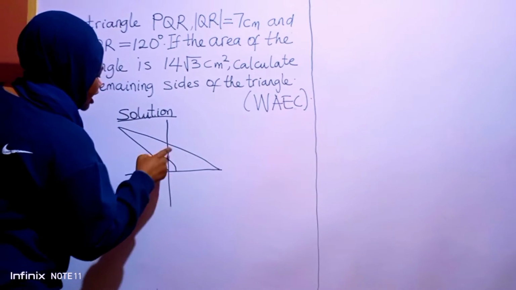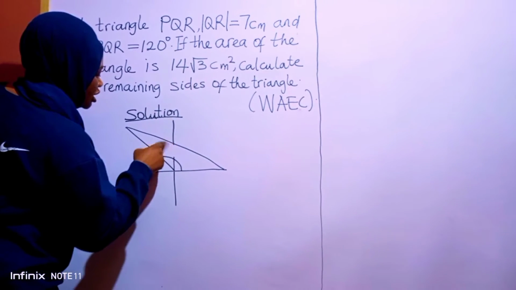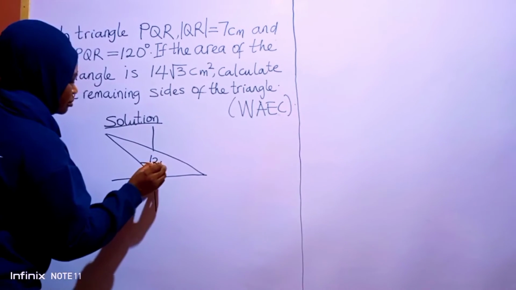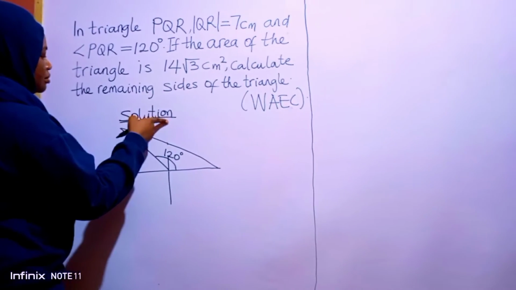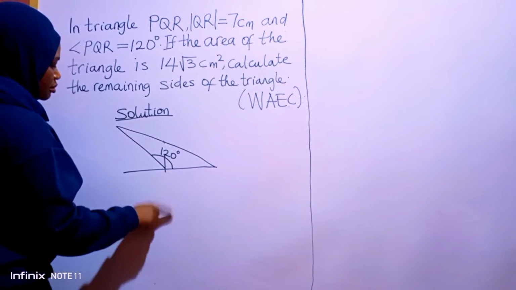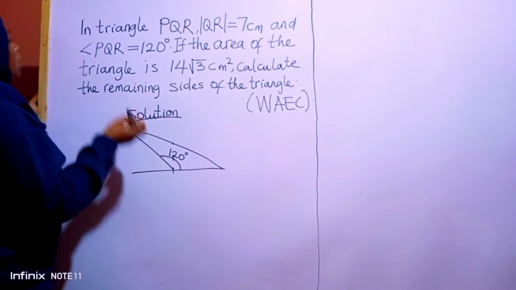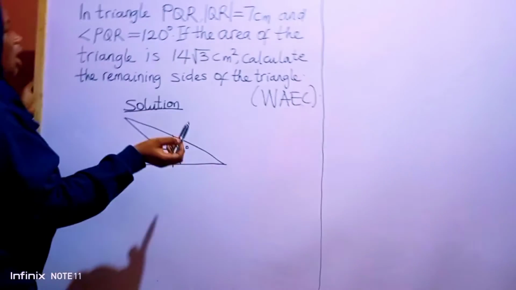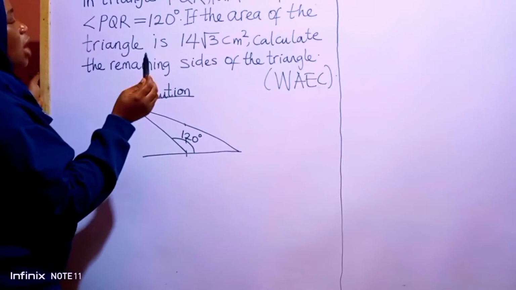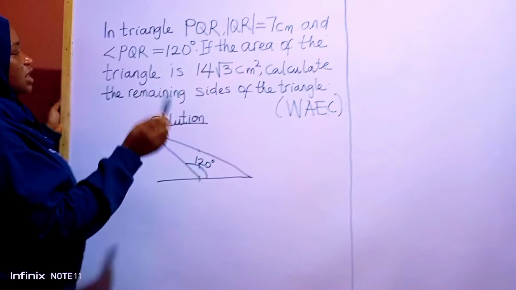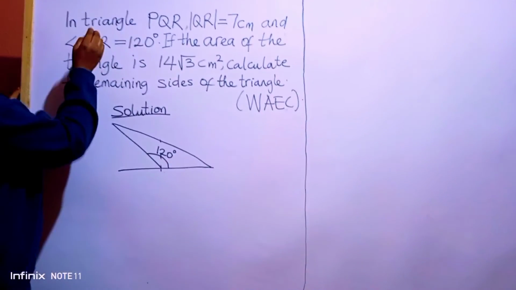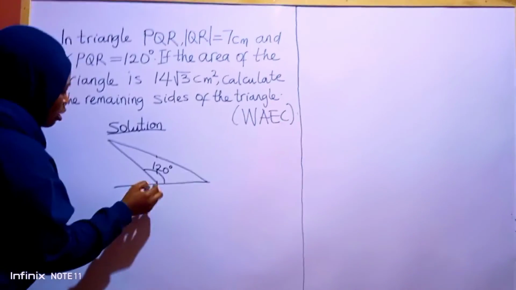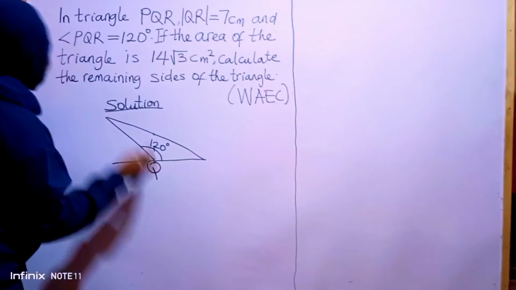So if this angle is 120 degrees. Now, PQR, angle PQR, that means this vertex will be our Q because of this angle.